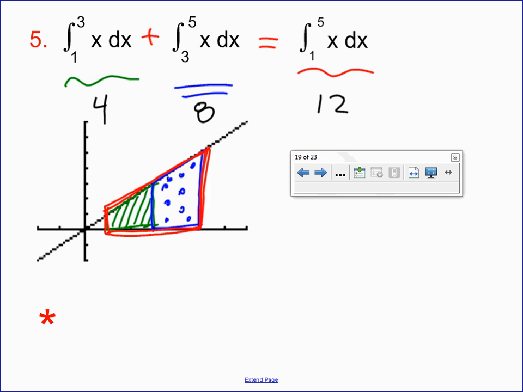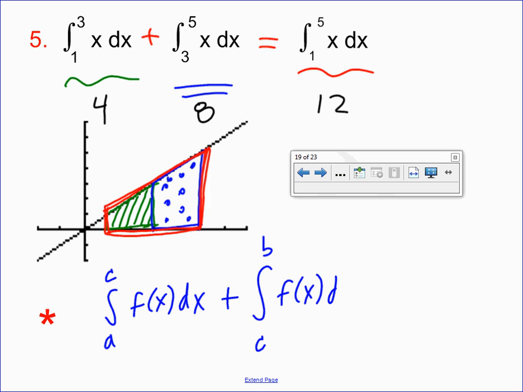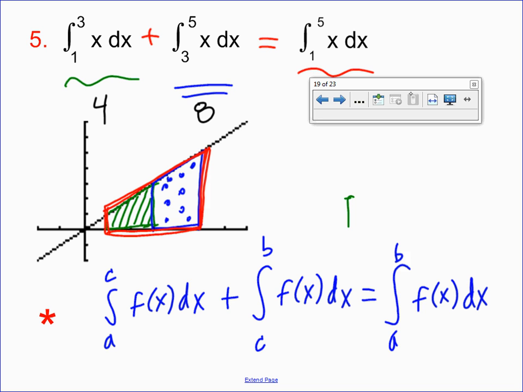We could say the integral from a to c of f of x with respect to x plus the integral from c to b of f of x with respect to x is equal to the overall integral from a to b of f of x with respect to x, with c in between a and b.